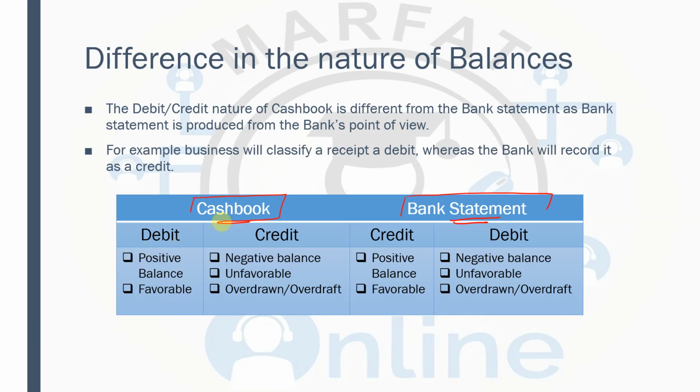So when you talk about cash, we know cash is an asset. And we know the principle related to an asset: if an asset is increasing, then the impact is shown as a debit. So for example, if cash is coming into the business, this is shown as a debit.